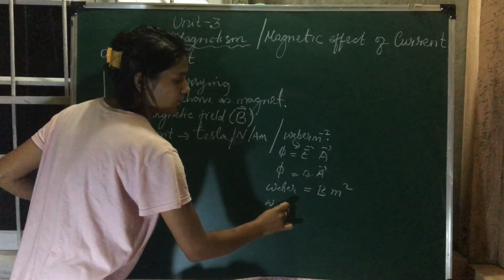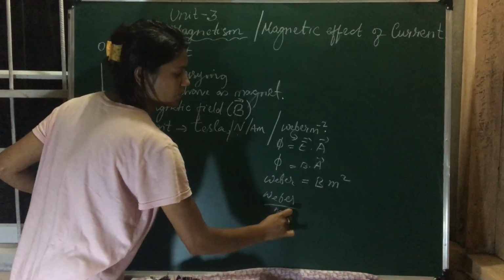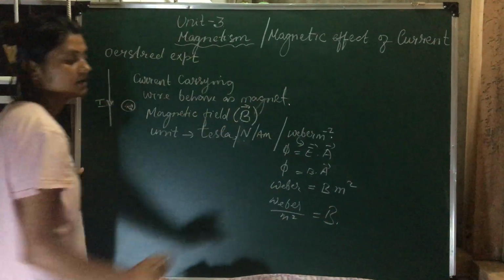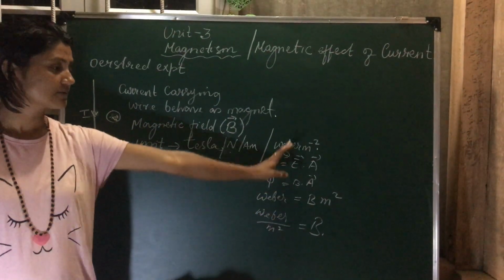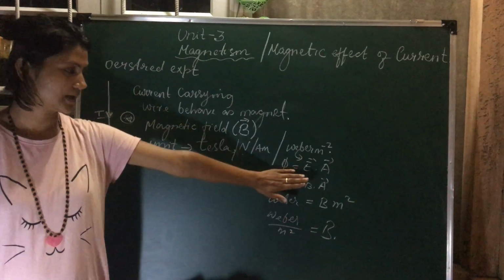So Weber divided by meter square is equal to the unit of magnetic field. So it comes from here. It has similarity with the electric flux.